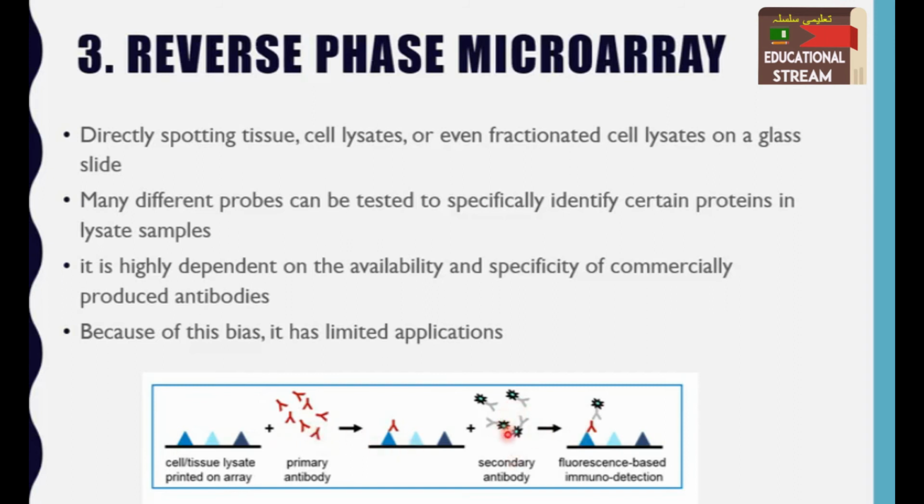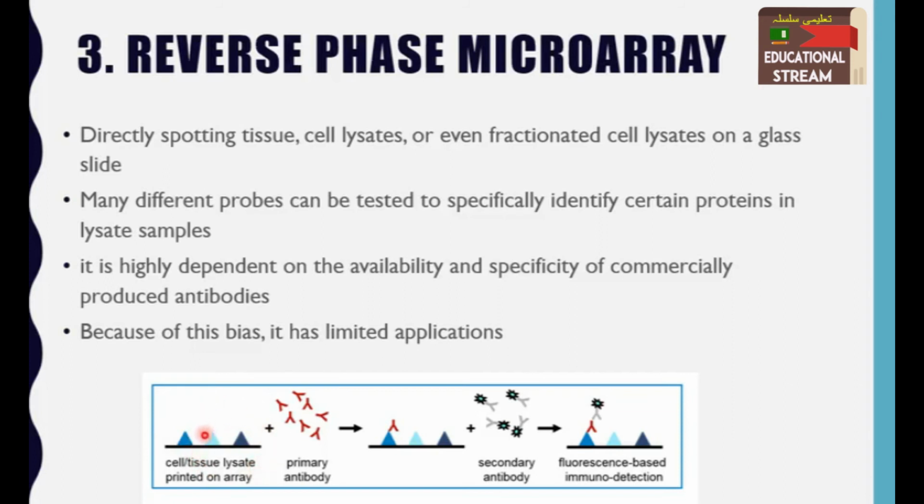Secondary antibody is the reporter antibody, and it is bound with a certain fluorescence dye, and this is specific for the primary antibody. It will interact with the primary antibody, and then this signal will be detected, which is known as the fluorescence based immunodetection. So many different probes can be tested in this way to specifically identify certain proteins in the cell lysate.